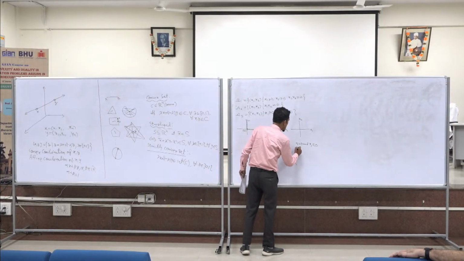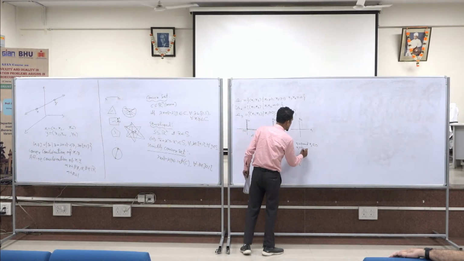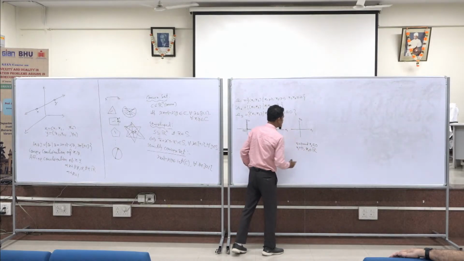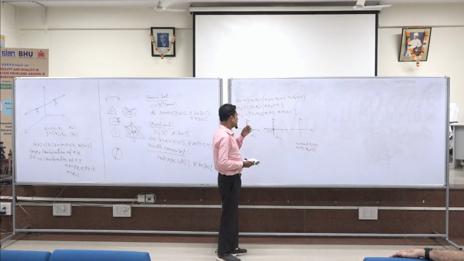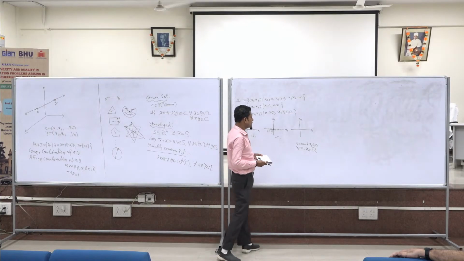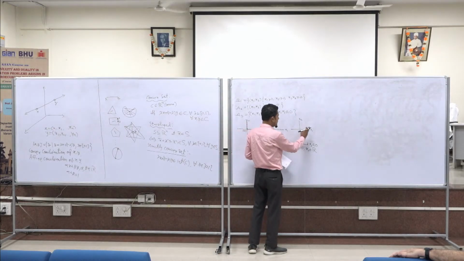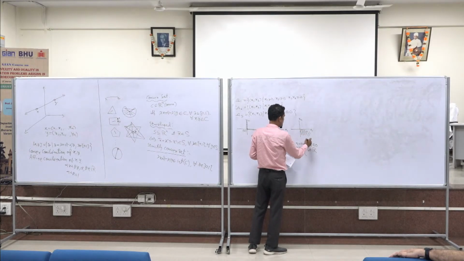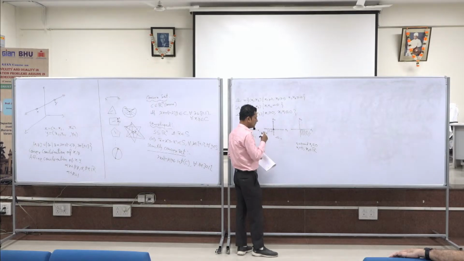So when x1 is equal to 0, then x2 can take any value in R. So what will be the feasible region? x1 is greater than 0 and x2 is less than or equal to 0. So this will be the space for the first one.